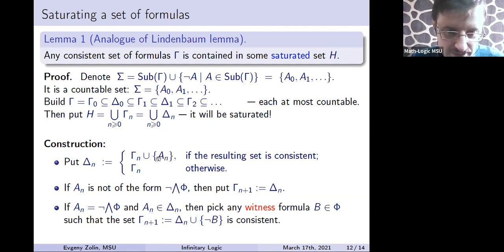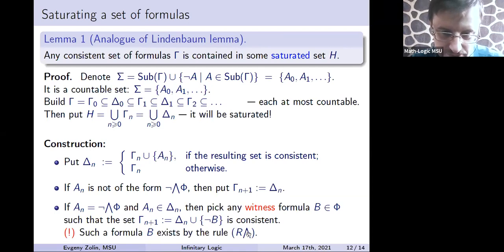Okay, so we had some set gamma n, then we add this formula, not conjunction phi, and obtain a consistent set. The question is why there exists a formula B such that if we also add not B to our set, then we obtain a consistent set again. And this is guaranteed by our rule with infinitely many formulas.